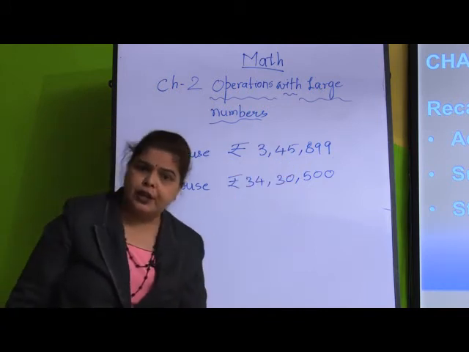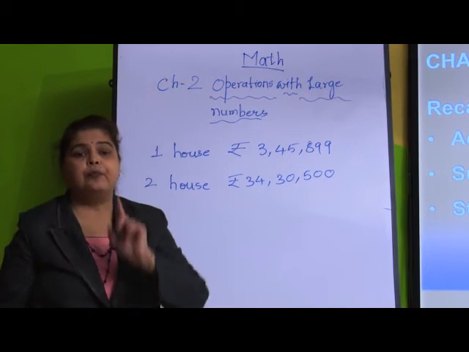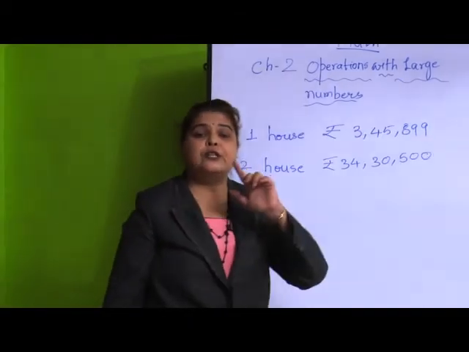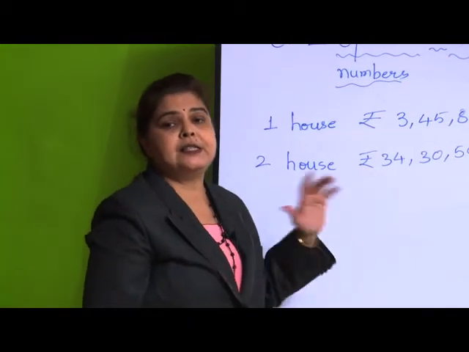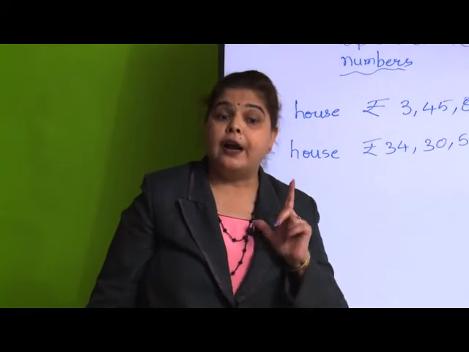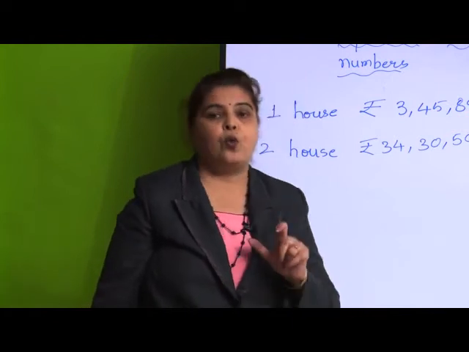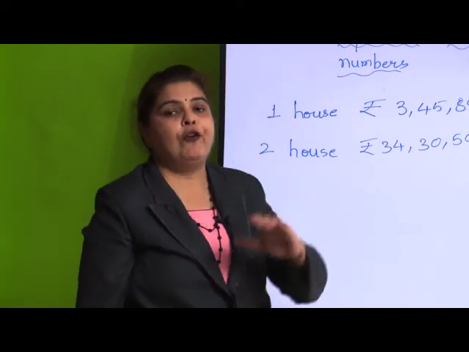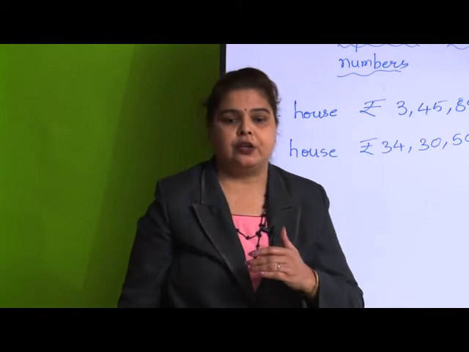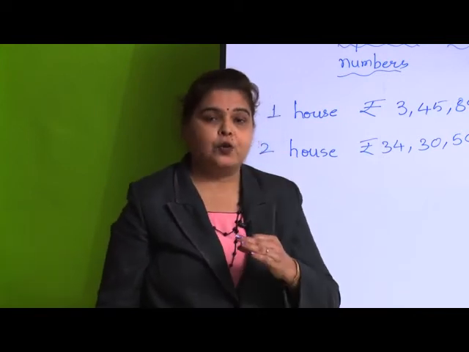My next question is, how much money did Rahul's father spend to purchase his houses? The words spend and total money themselves say that we have to go for an addition. Now, again listen to my words.